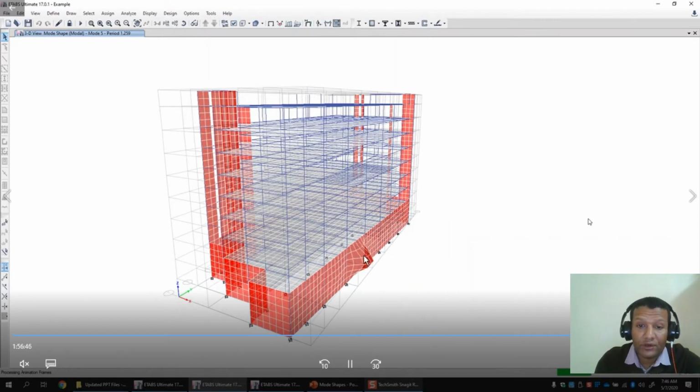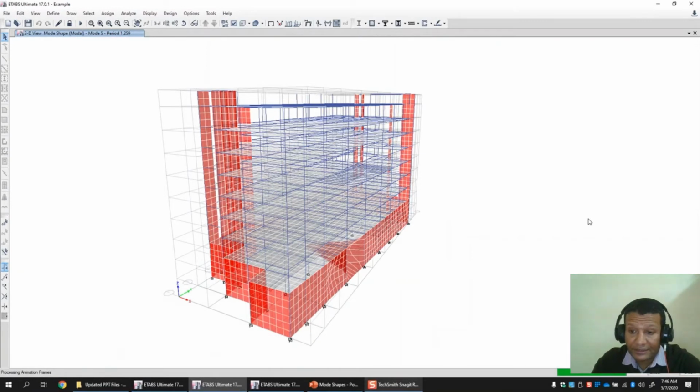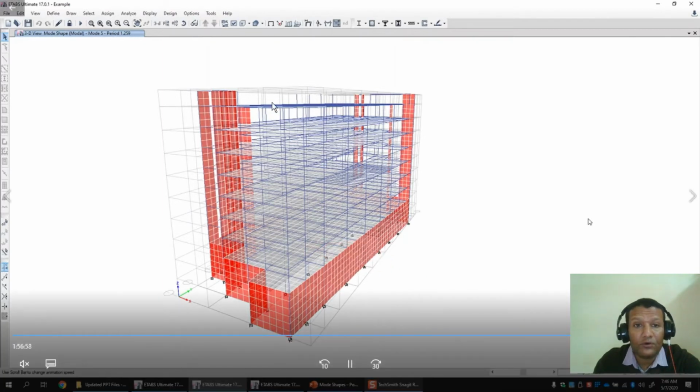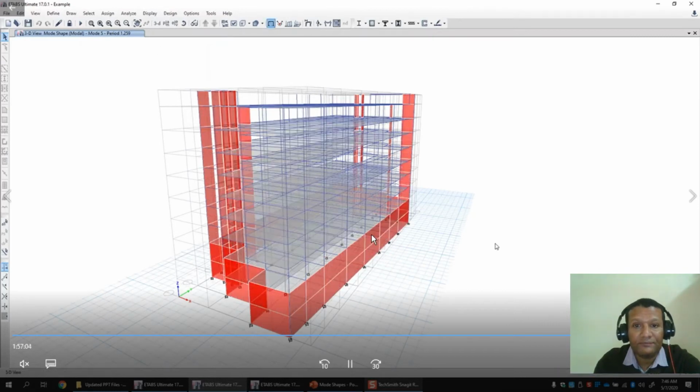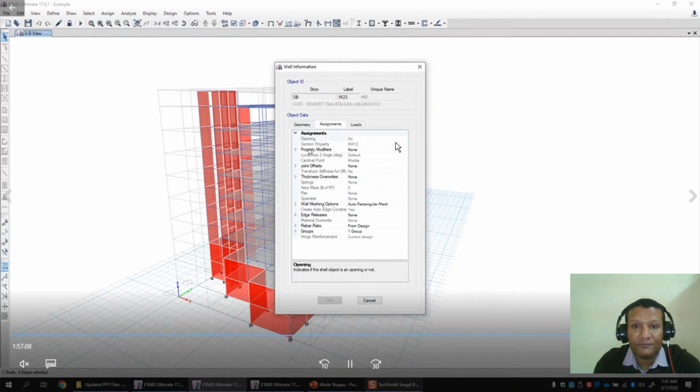Then if you have a local mode, the first mode and second mode might not be translational, and the third mode will not be torsional. As you can see, all the buildings are fixed, but only these parts are moving.